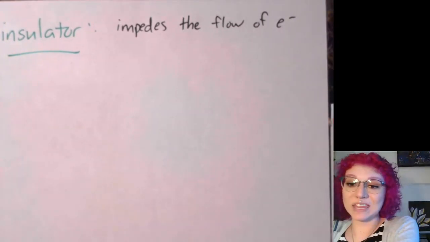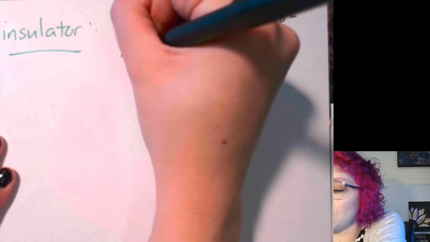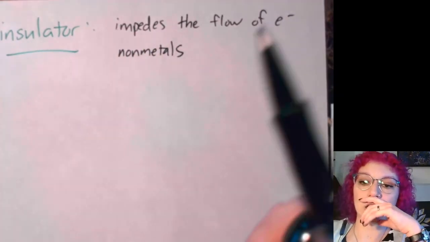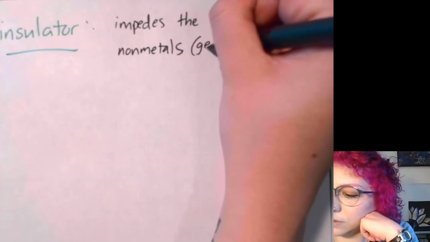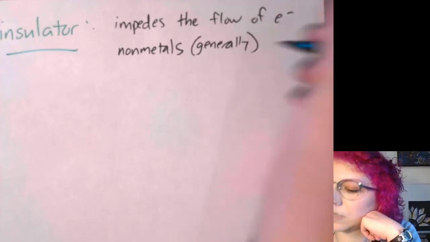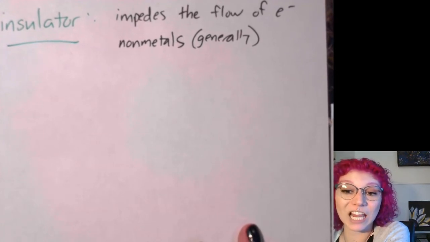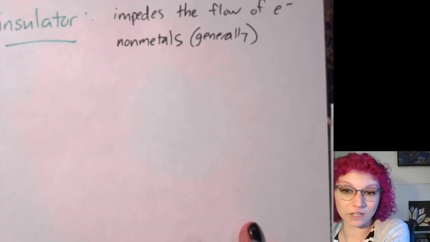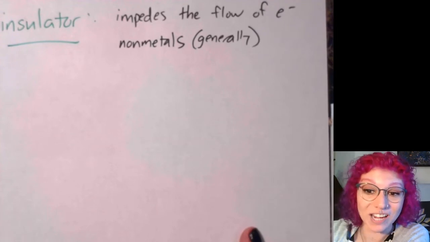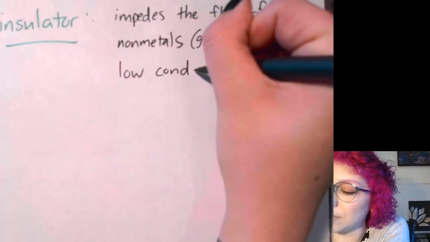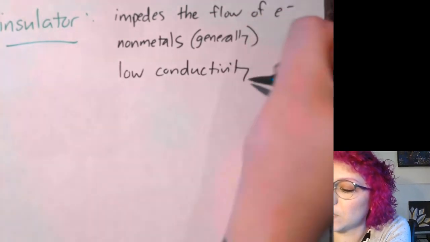Generally, you think of non-metals. And you also think of insulators as having low conductivity, right? A current doesn't normally run through an insulator, so this has low conductivity.